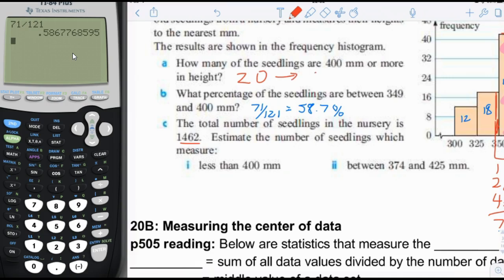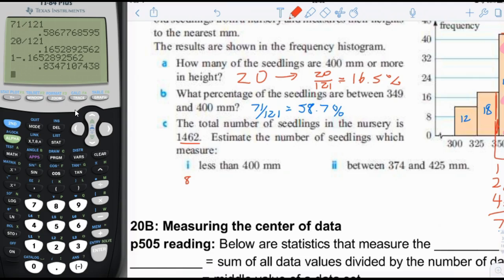That would be about 20 divided by 121, which would be 16.5%. So how many seedlings would be less than 400 millimeters? That would be the opposite of 16.5%. So that would be 1 minus 16.5%, which would be 83.5%.